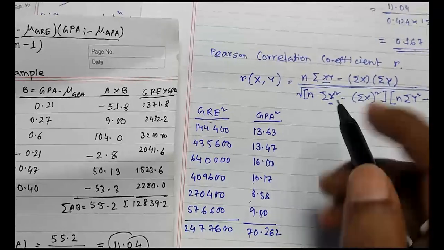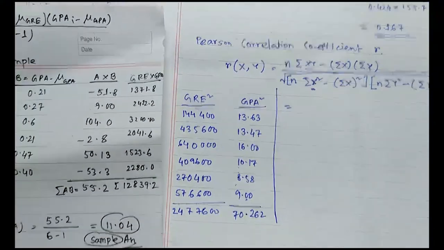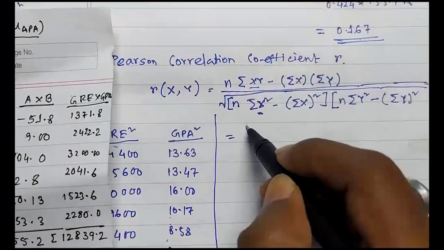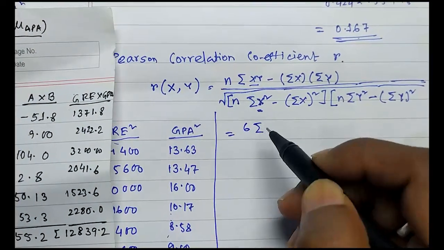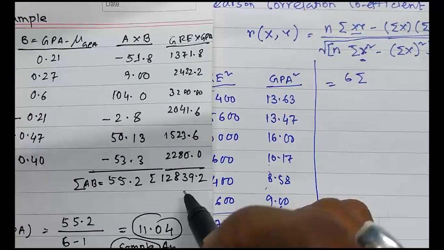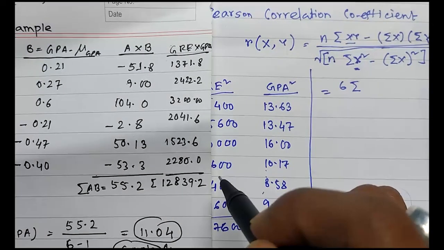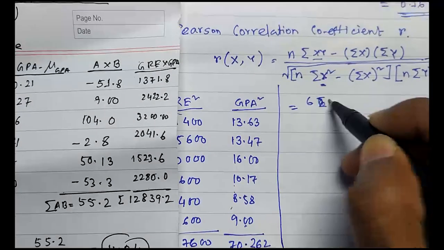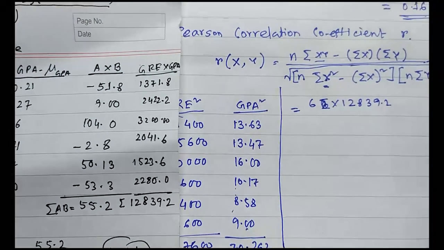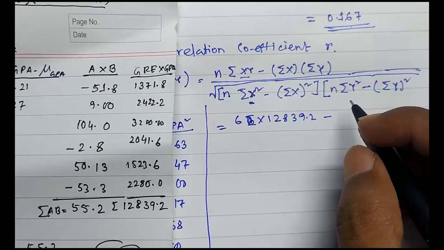Now if I put these values here, the value of n is 6. So 6 into the summation of xy, that is summation of GRE into GPA, which is 128392.2, so this will be 6 into 128392.2, minus summation of x into summation of y.